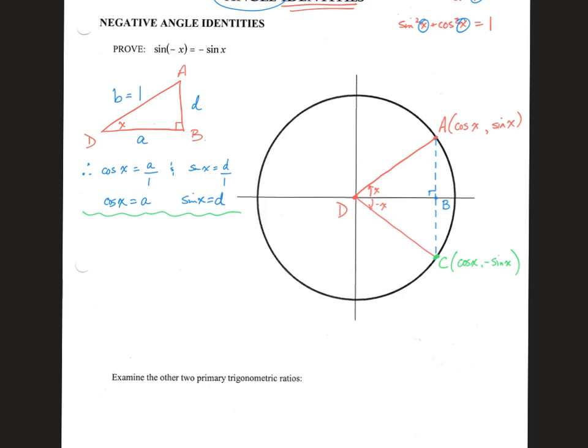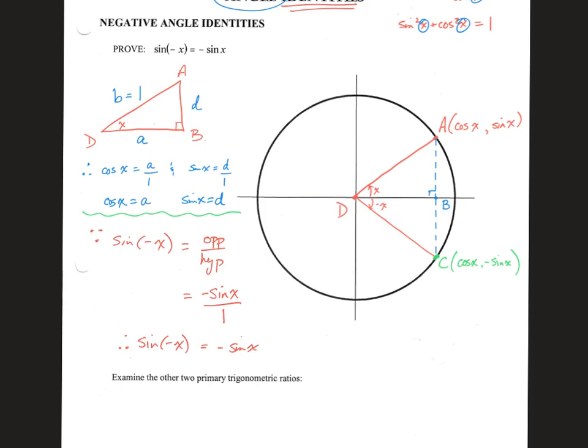And I could then make a conclusion. If I go back to my SOHCAHTOA definitions, since the sine of negative x would be calculated as my opposite side divided by my hypotenuse, then my opposite side is negative sine x, and since I'm on my unit circle, my hypotenuse is 1. I have then confirmed that the sine of negative x is equal to negative sine x.